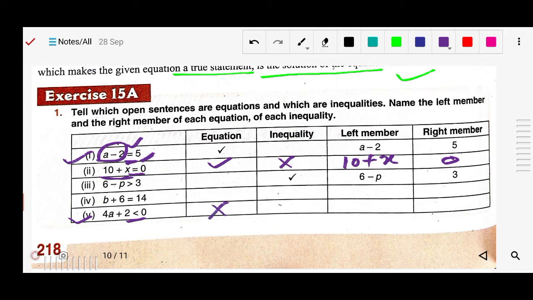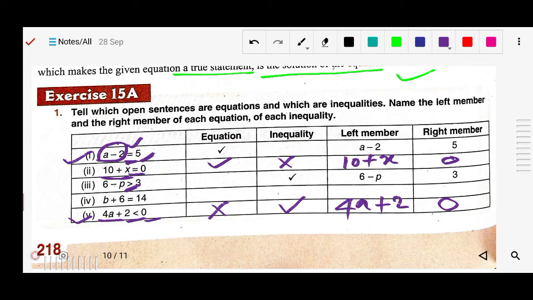So it is an inequality. The left is 4a plus 2 and the right is 0. Likewise you can do it. Here is also a greater than sign, so this will not be an equation, it will be an inequality. Similarly you can do it.